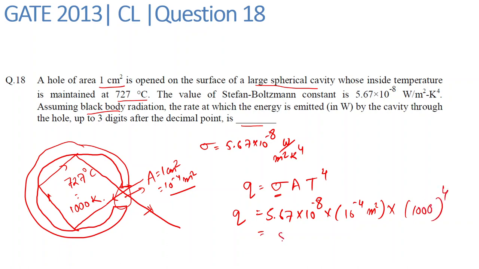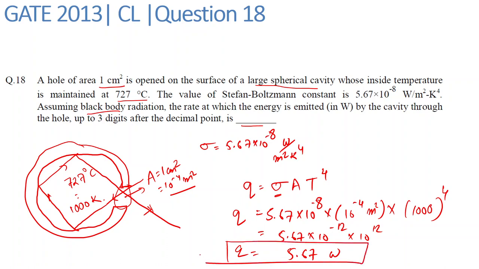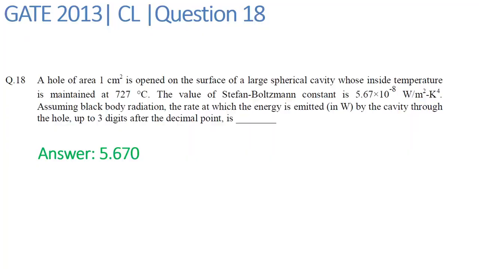So this will become 5.67 into 10 raised to minus 12 into 10 raised to 12, that is 5.67 watt. In this question we had to find this up to 3 decimal points, so we will report our final answer, the rate at which energy is emitted in watt, as 5.670. So this is our final answer. Yes, this is the final answer.